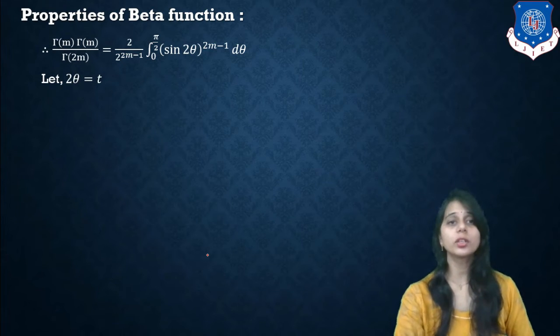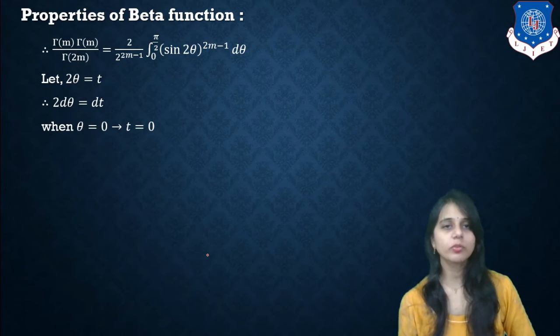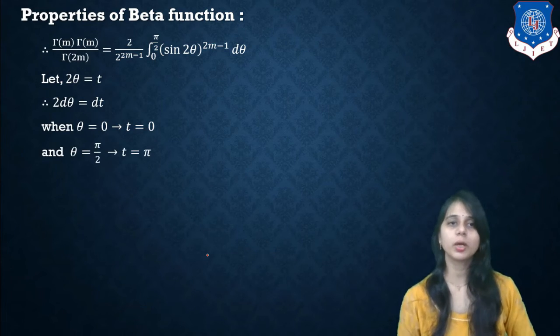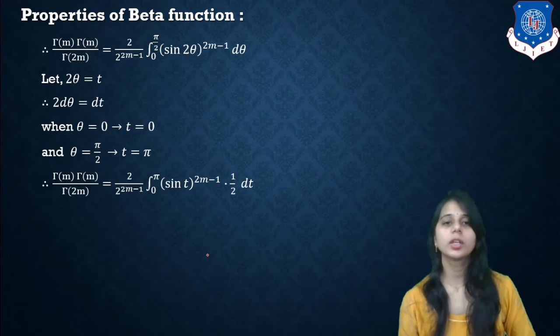Now we are taking 2 theta equal to t, so 2 d theta equals dt. Theta equal to 0 gives t equal to 0, and theta equal to pi by 2 gives t equal to pi. If t equal to pi, then we take the value 2m minus 1, integration 0 to pi sin t raised to 2m minus 1, 1 by 2 dt.